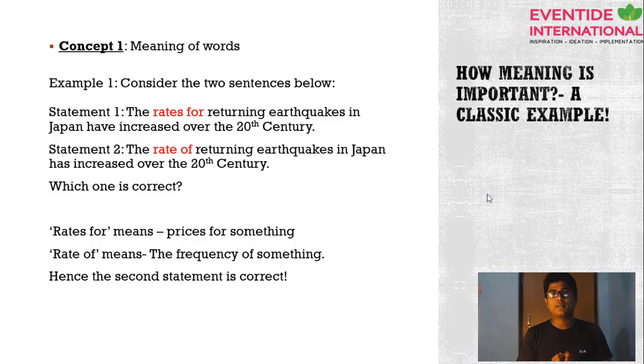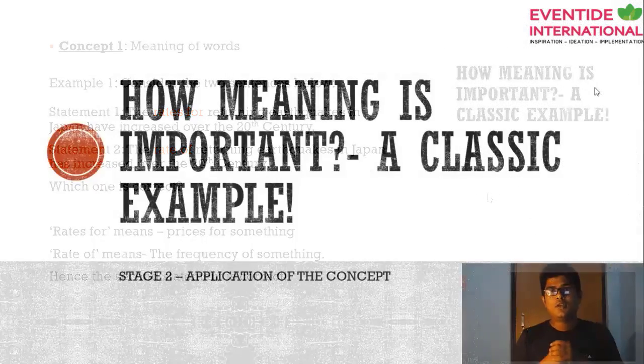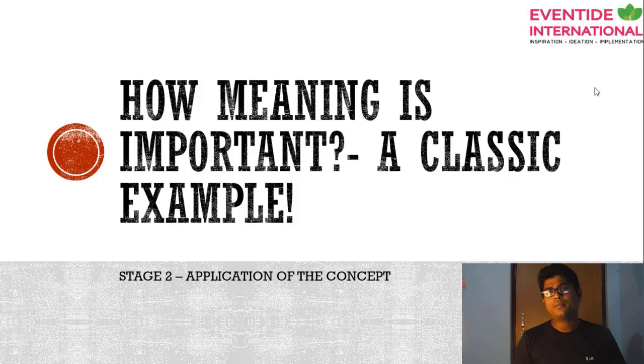Let's now do a very important GMAT question that is actually a part of the GMAT Review 2015 publication. Let's do that and let's see whether we can do it or not. To summarize what we have learned till now, GMAT can trick you into getting into wrong options through usage of words.